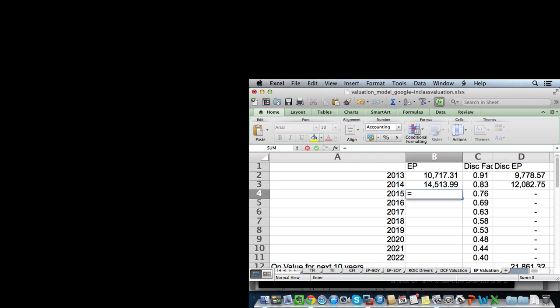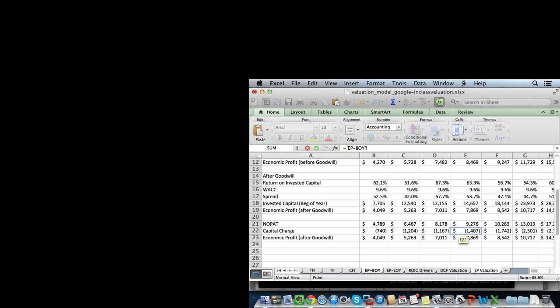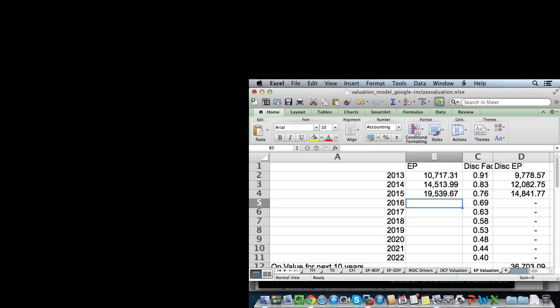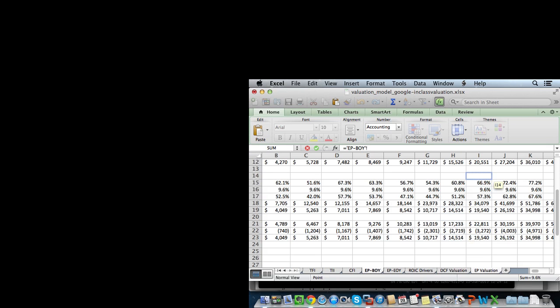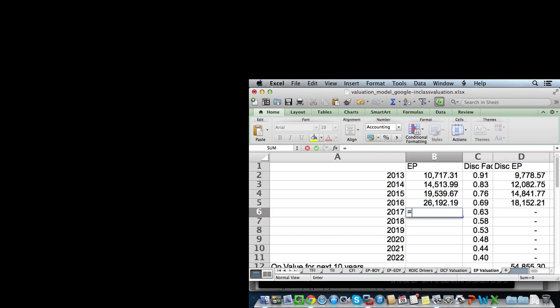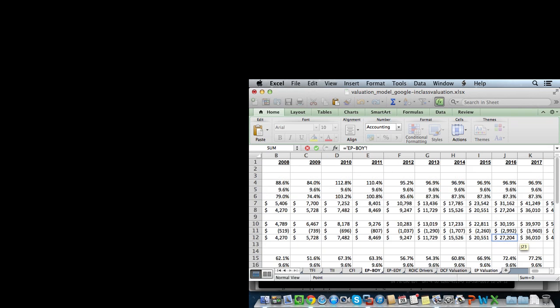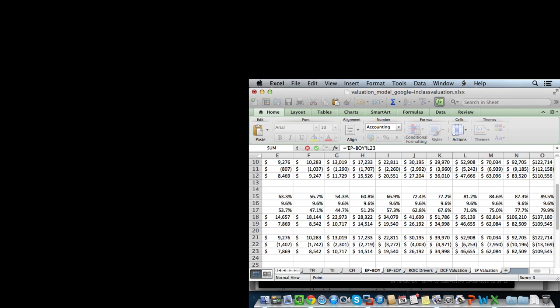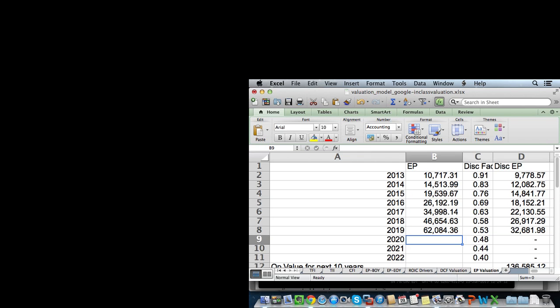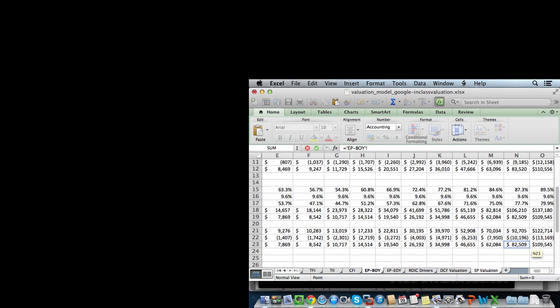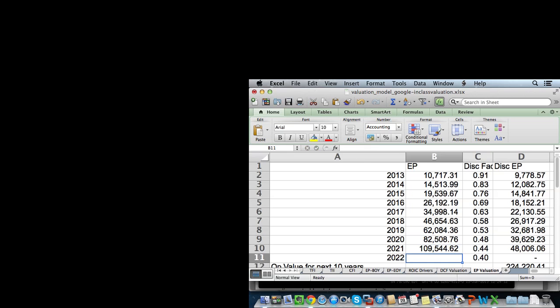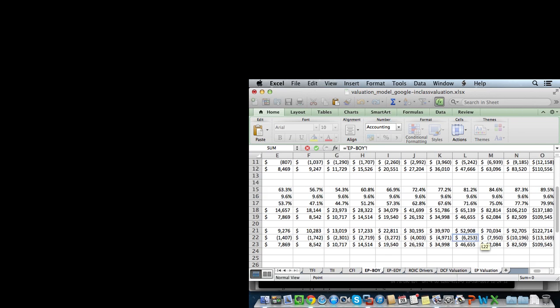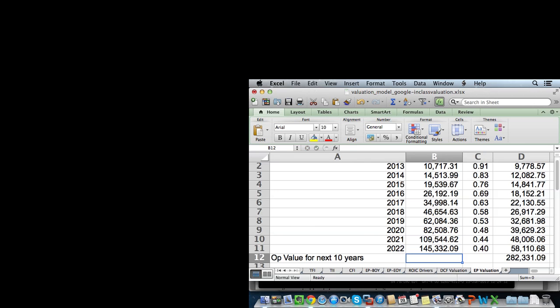2015, it'll be I23. 2016, remember, use the BOY tab, J23. 2017, K. 2018, L. 2019, M. 2020 is N. 2021 is O. And 2022 is P. So again, just make sure you have the right tab.